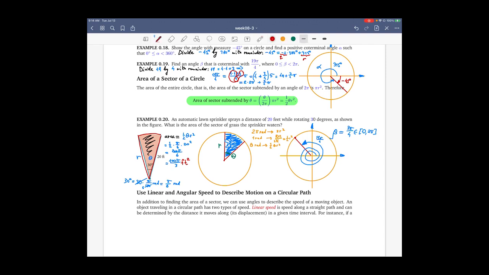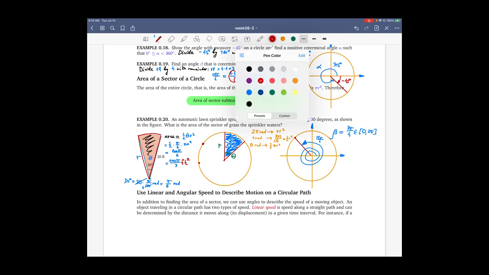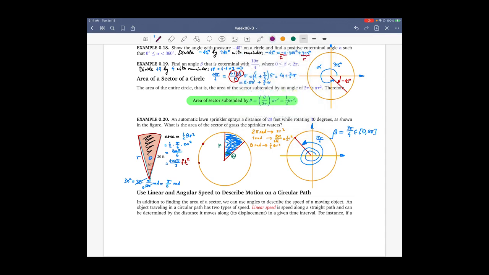So a point may have a linear speed, which is determined simply as the distance traveled along the circle over time that it took the point to travel that distance. For instance, if the point traveled distance s over time t, the linear speed is of course s divided by t.